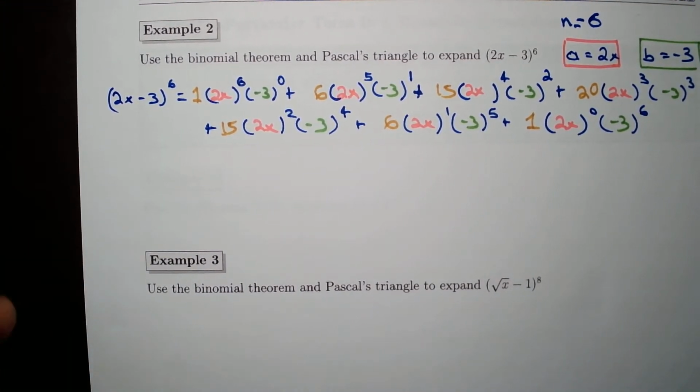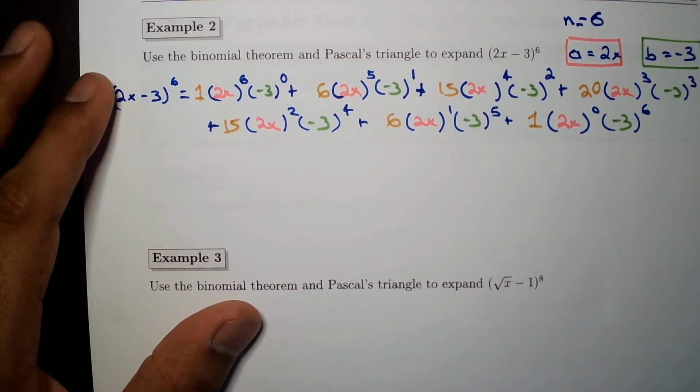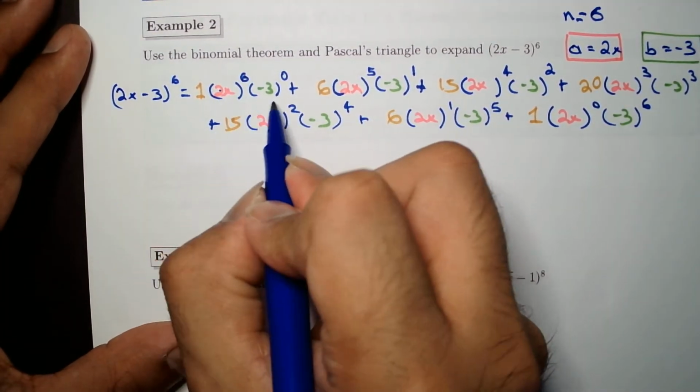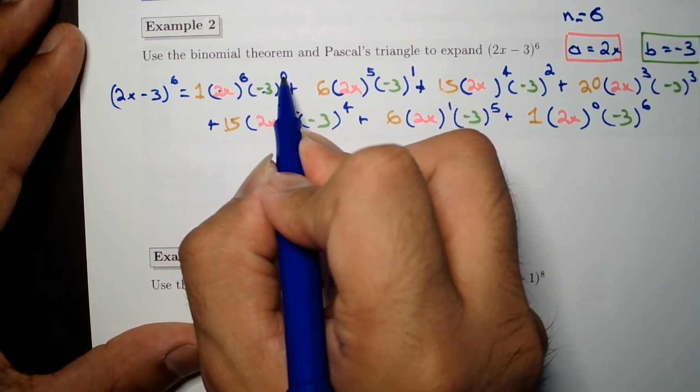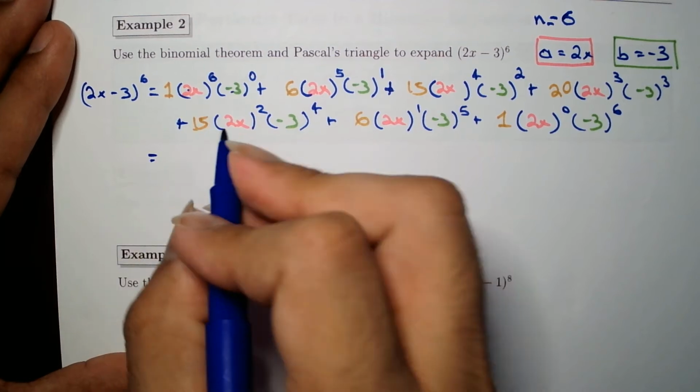All right, so let's see. So in this case, 2x minus 3 to the 6th. Negative 3 to the 0 power is going to be positive 1. Positive 1 times 1, that's going to be 1.